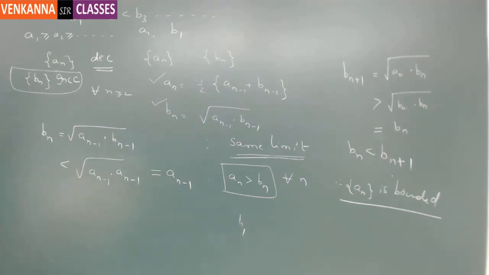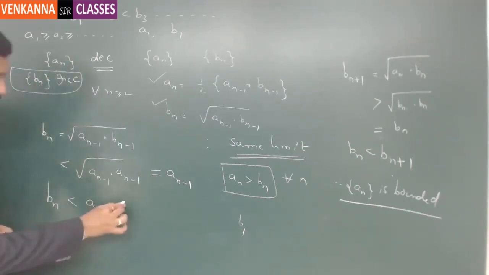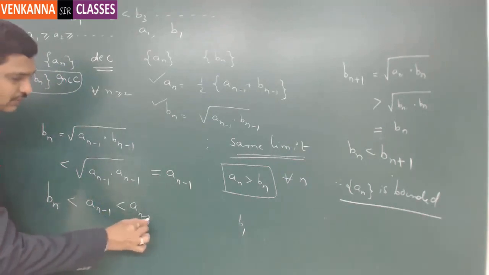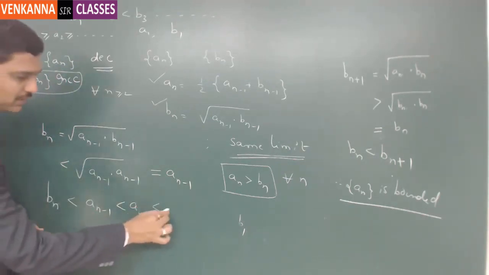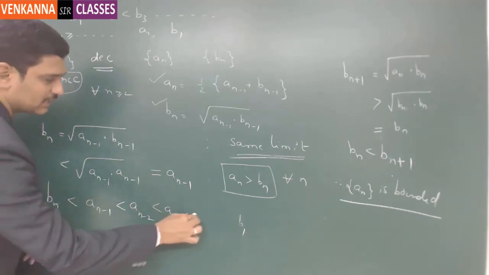Now what happens? You obtain that bn is less than an minus 1. Since an is decreasing, what is the bigger one than this? an minus 2. What is the next bigger one? an minus 3, and so on.